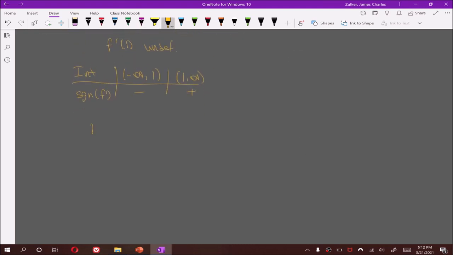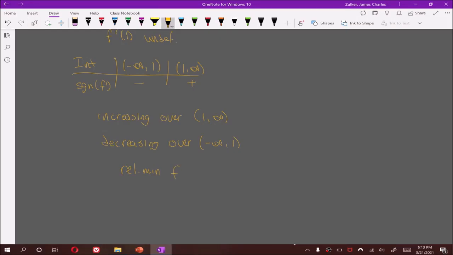This means we are increasing over the interval 1 to infinity, decreasing over the interval negative infinity to 1, and we have a relative min at f of 1, which is 0.